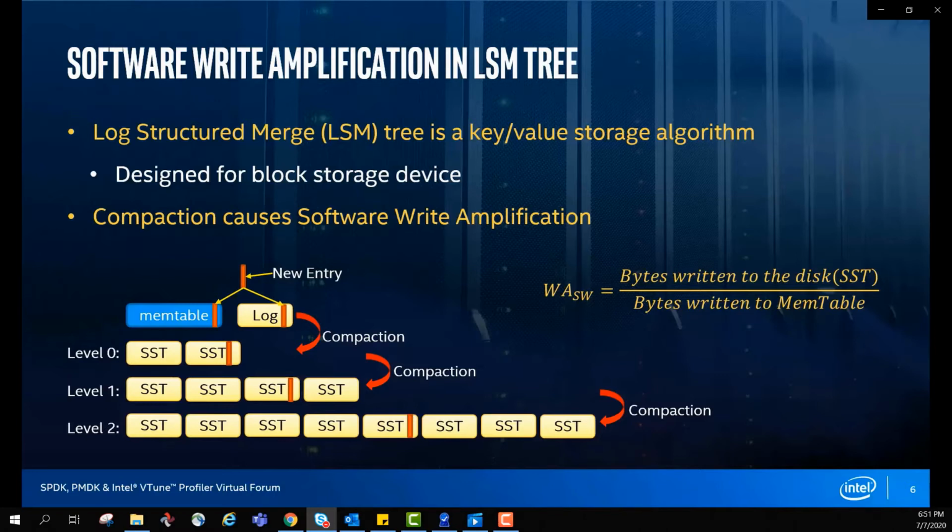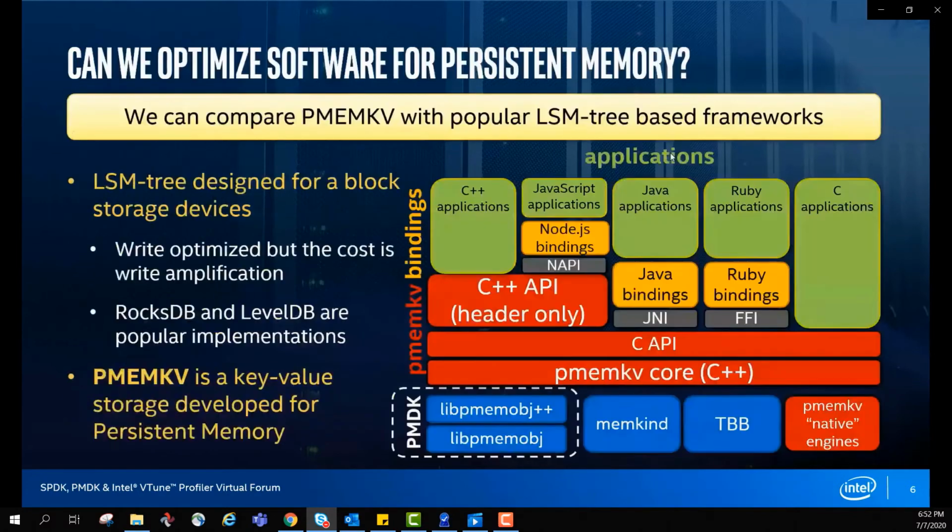It contains the recently used data. And the second big part is sorted string tables, which are files on the file system. And the storage layer consists of different levels, which are used for compaction.